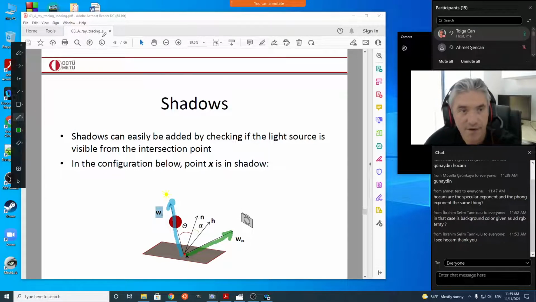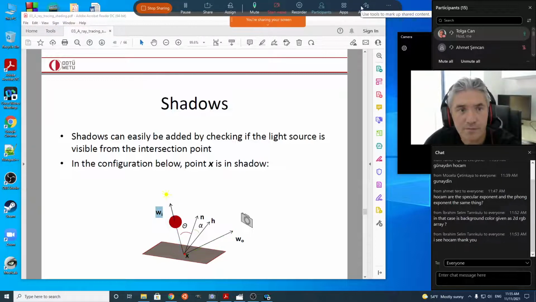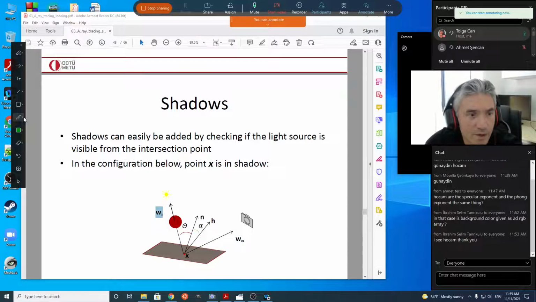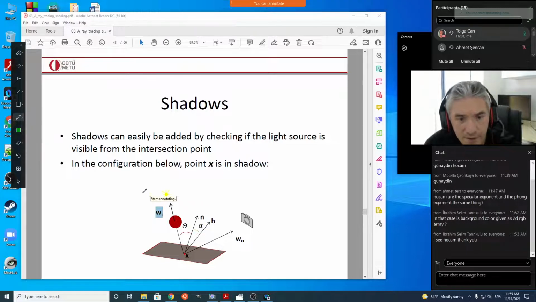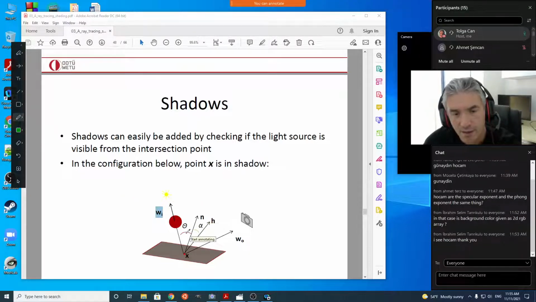Now, let me change this to a pencil. Let's assume I create this ray, which let's call this ST. Look at this ray equation.